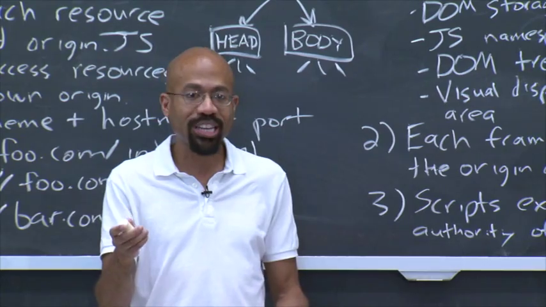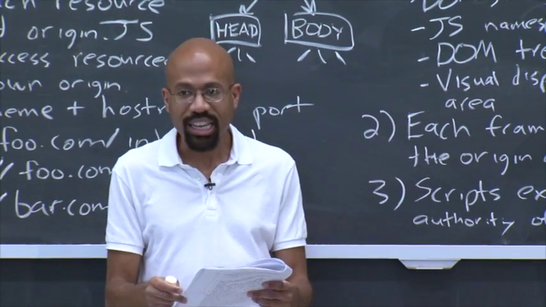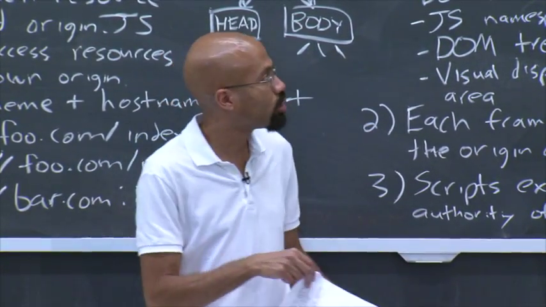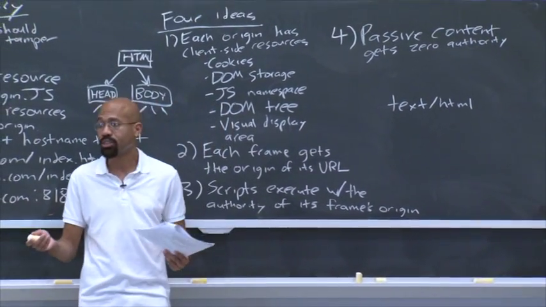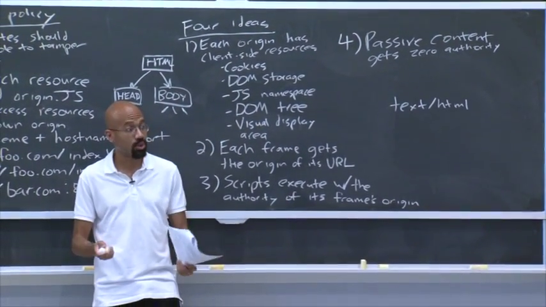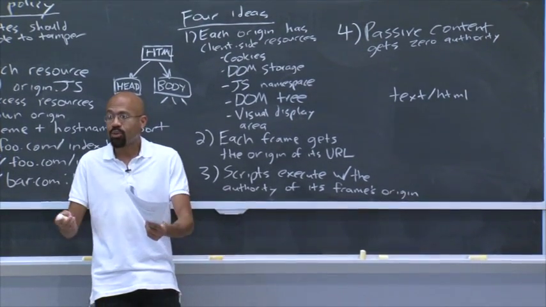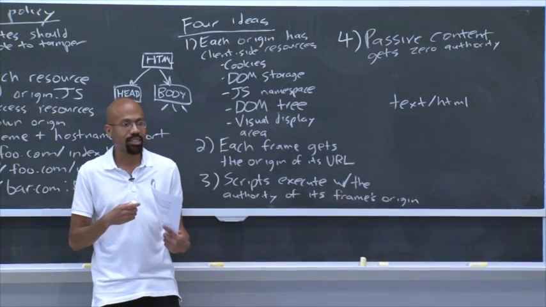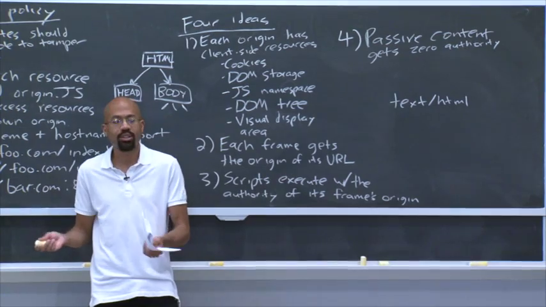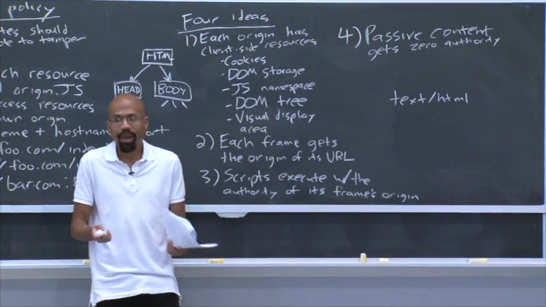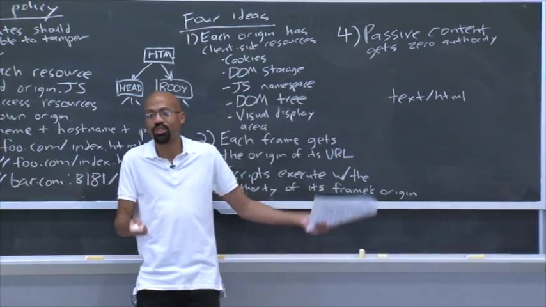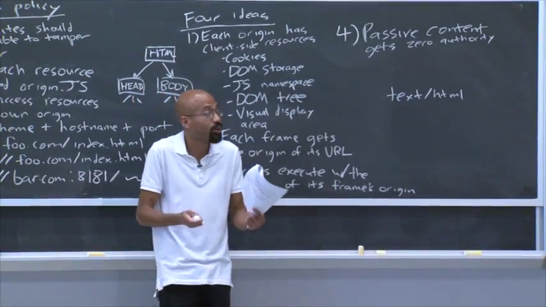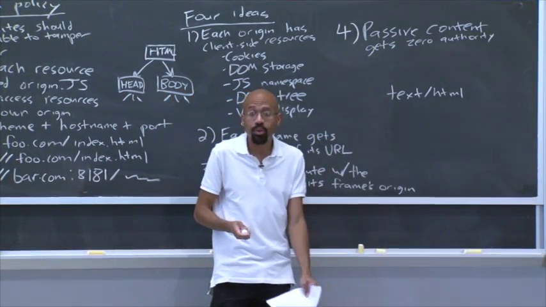But this is clearly a vulnerability, right? Because suppose that a page includes some passive content, like let's say an image from a domain that's controlled by the attacker. From the perspective of the victim page, it's saying even if this attacker site is evil, it's passive content. It can't do anything, right? At worst, it displays an unfortunate image, but it can't actually access any code because passive content gets zero authority, right?